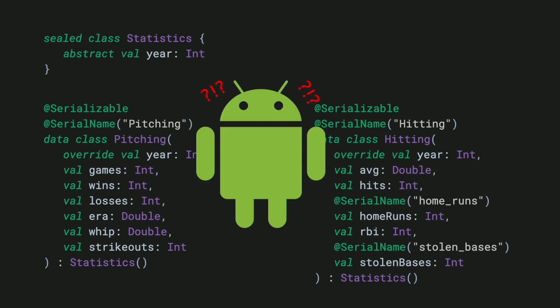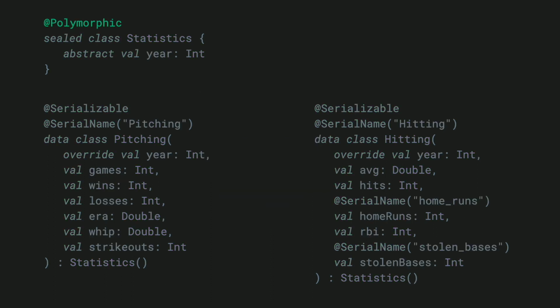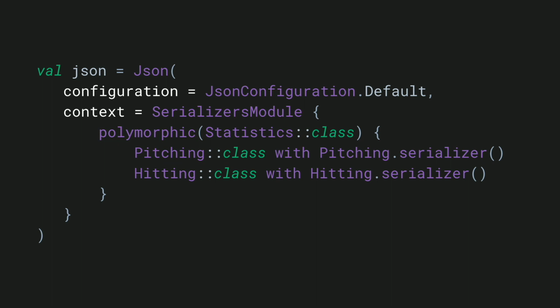Well, it turns out it's pretty easy, and all we have to do is toss a polymorphic annotation on the base class for statistics. Then, when we're setting up our JSON instance, we pass in an additional parameter, what's called a serializers module, which is basically just a map of class to serializer.